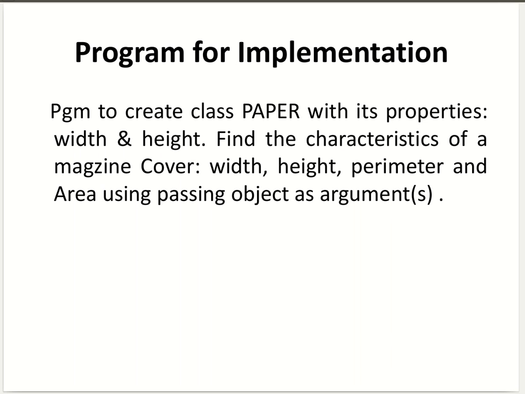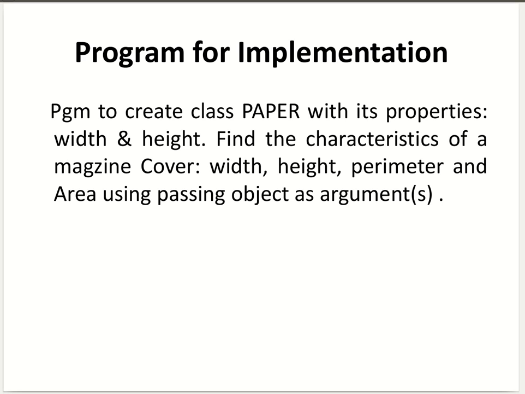So this is an example, or this can be a practice problem. Program to create a class paper with its properties width and height. So you have to create a class paper. The properties or the attributes will be width and height.